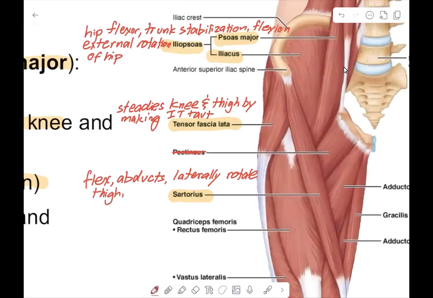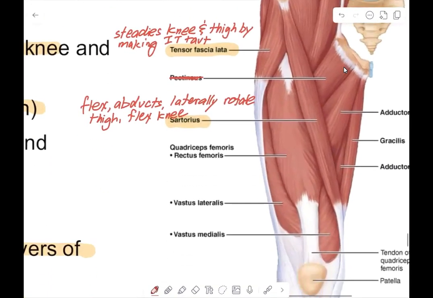And since it crosses at the hip joint as well as the knee joint, as you can see down here, it's also going to flex at the knee, which makes it very unique.